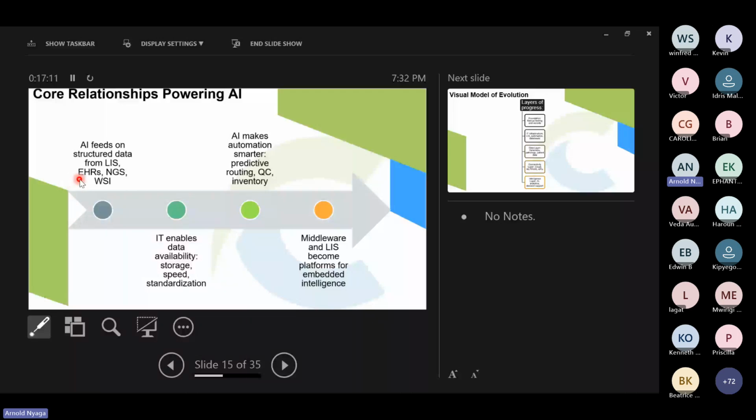Then we're having IT data availability, where we are able to store it appropriately and in a speedy manner, and it is standardized because of how we are collecting this particular information. Then we are having predictive routing, and also QC, and inventories. And then we are having middlewares and lab information systems to now assist us in embedding the intelligence.